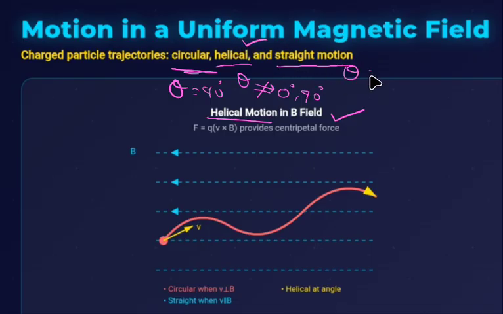If it is 0 degrees, it will take a straight line motion, so the magnetic force in this case does not act. When the velocity is parallel to the magnetic field, theta is equal to 0 degrees.